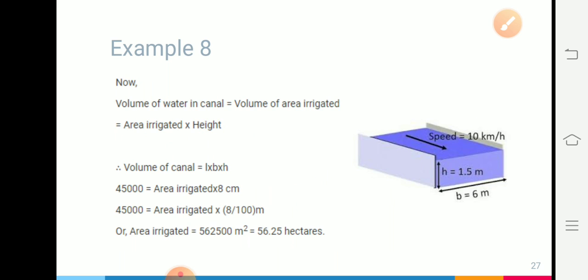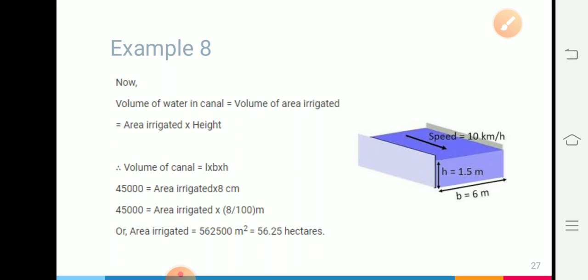Now the volume of water in the canal is equal to the volume of the area irrigated. So what will be the area irrigated? Whatever the area is getting irrigated into height. That means the water is getting spread out in that particular area, and it needs to spread out for a height of 8 centimeter.